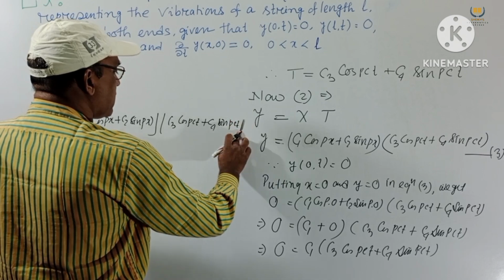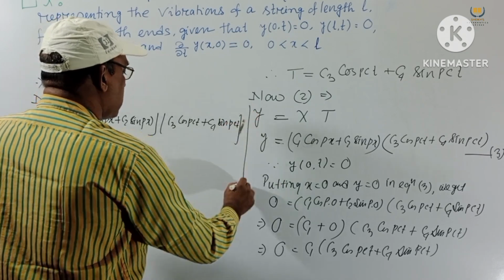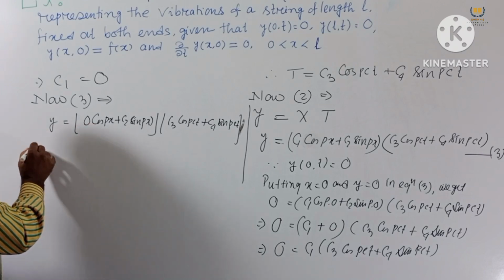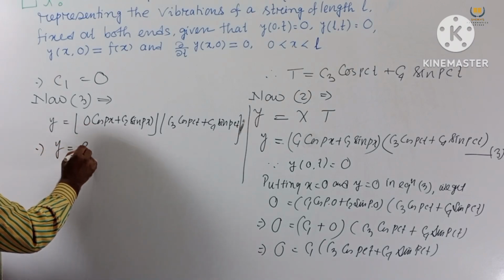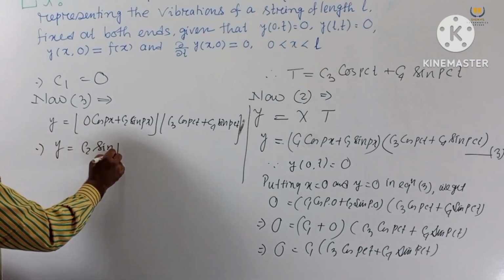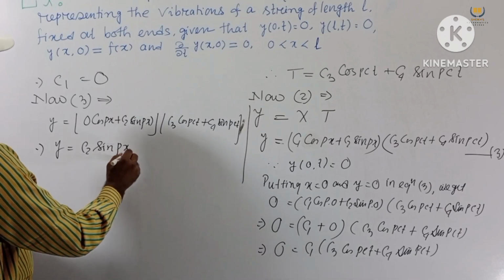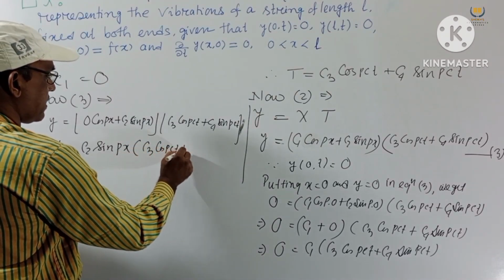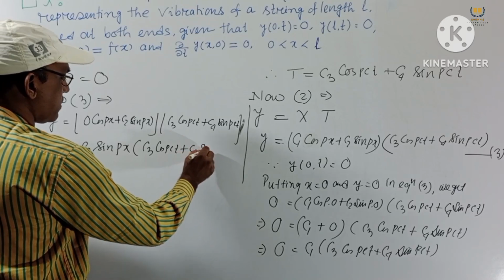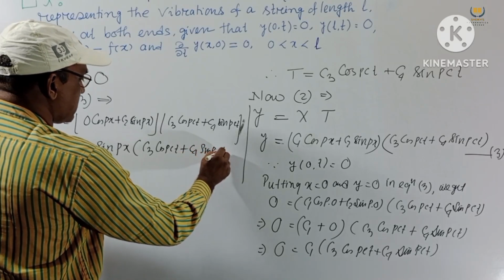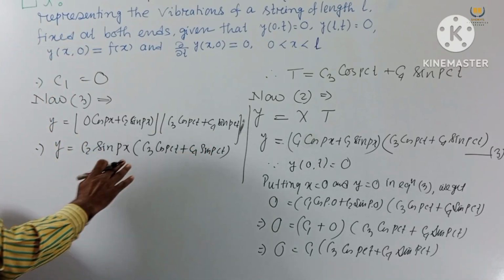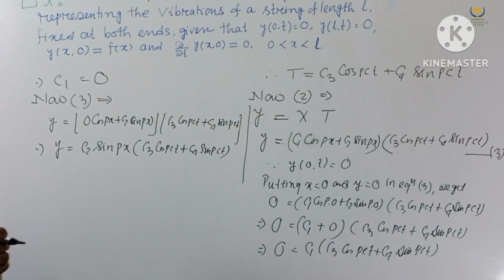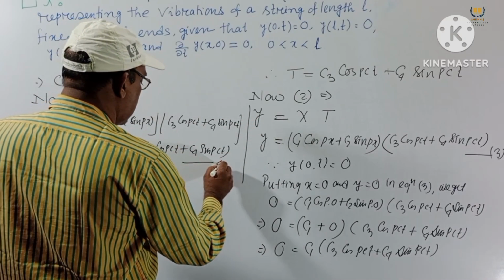We get this one, and this is cancelled, we get y equal to c2 sin px times c3 cos pct plus c4 sin pct. So this is number 4 we consider.